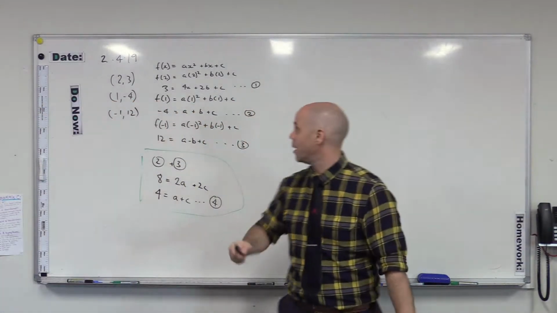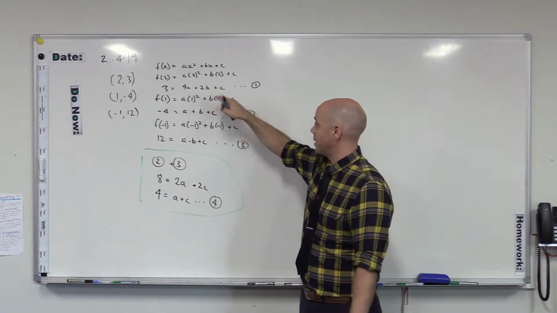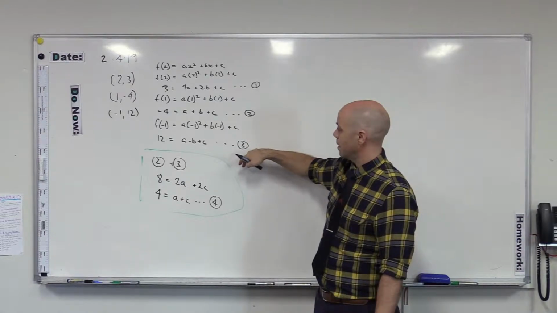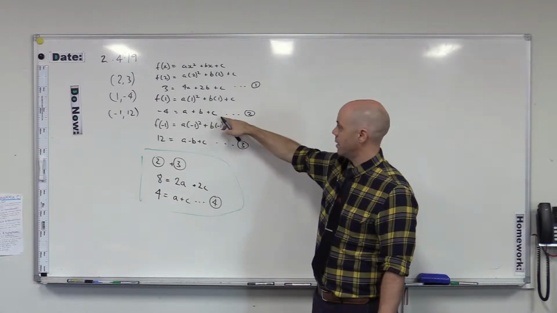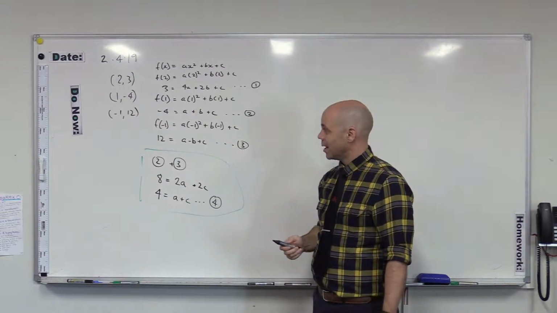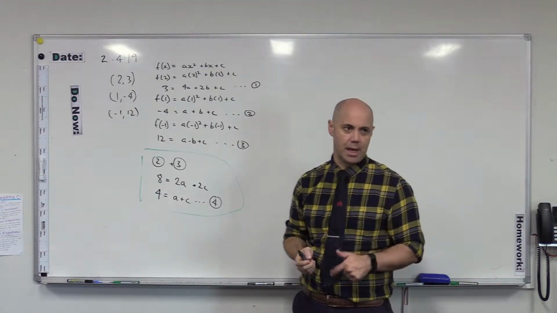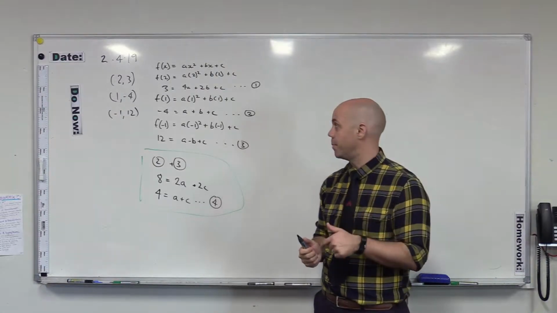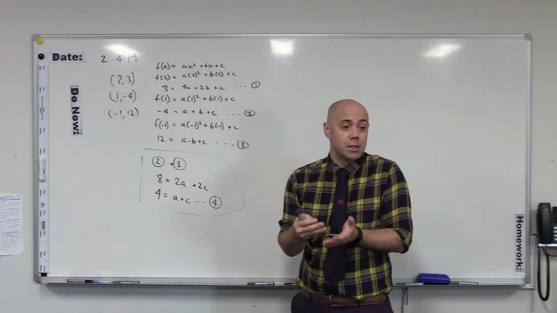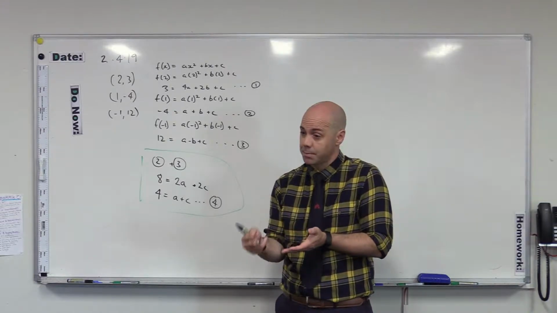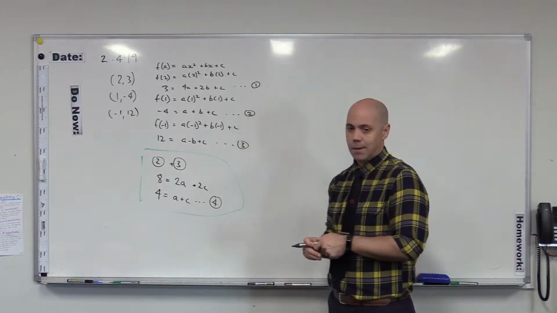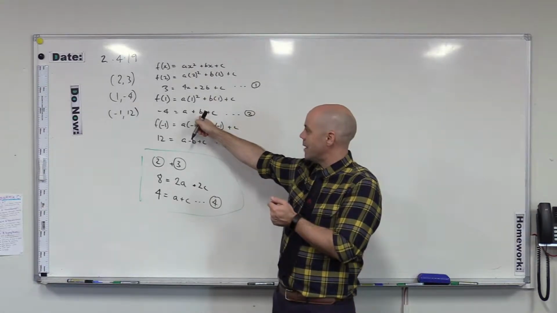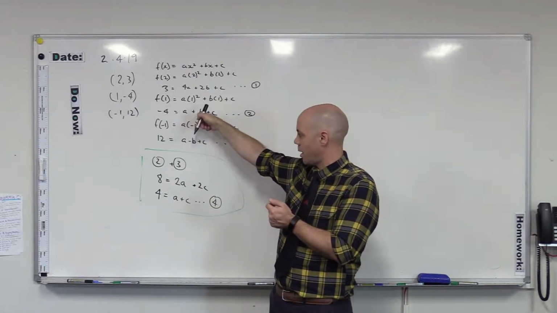And so let's have a look up here. I've got 1, 4a plus 2b plus c, and I've got this one here, a plus b plus c. Let's try putting 1 and 2 together to get rid of the b's. Now let's this time use a different method. Let's use the substitution method to get rid of b's. So to get rid of the b's using substitution, I make b the subject of this equation.